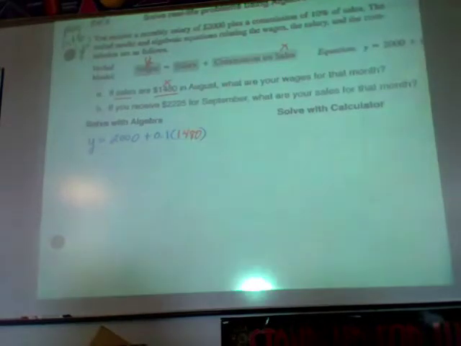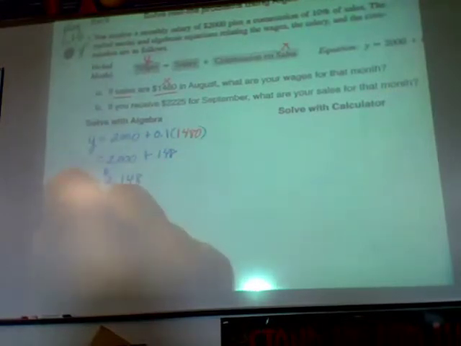So I've got Y equals 2,000 plus 0.1 times 1480. What percent is 0.1? 10%. So cover up the last digit of 1480, and what do you have? $148.